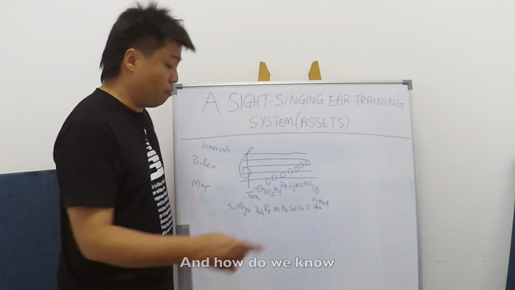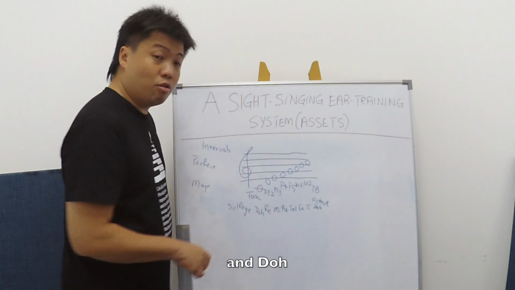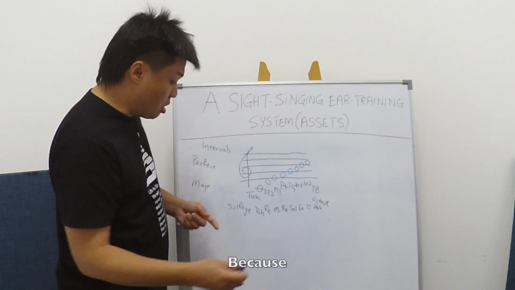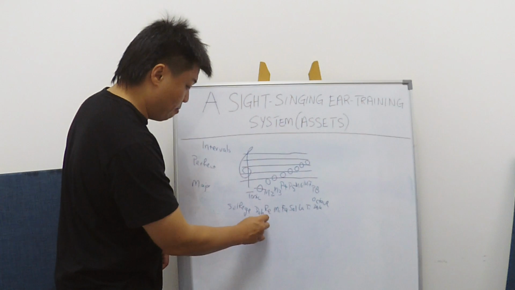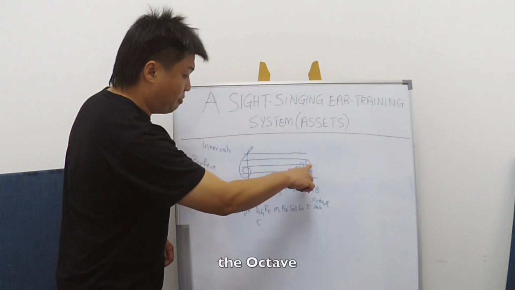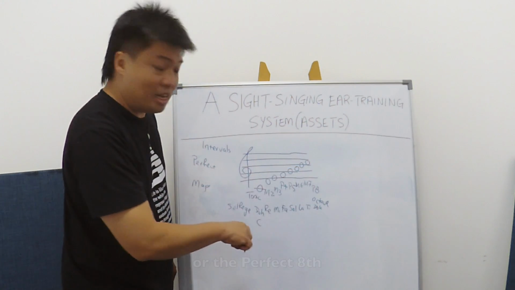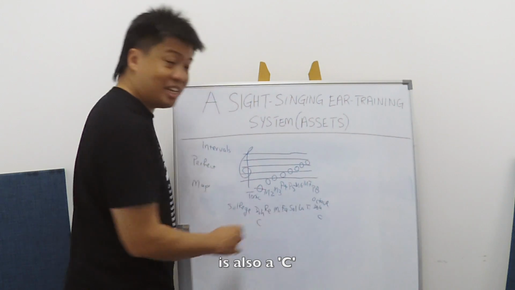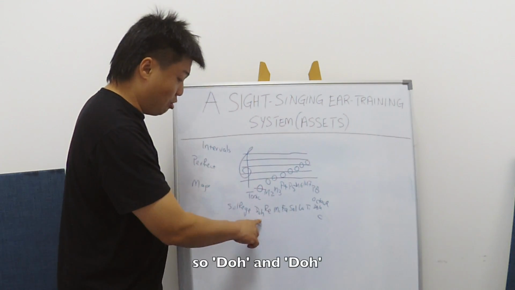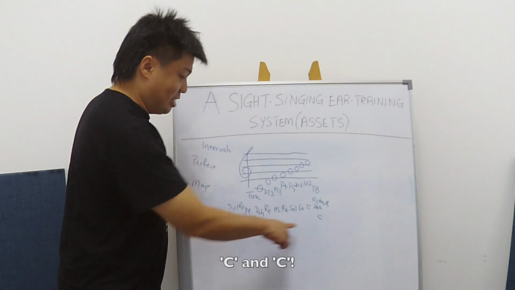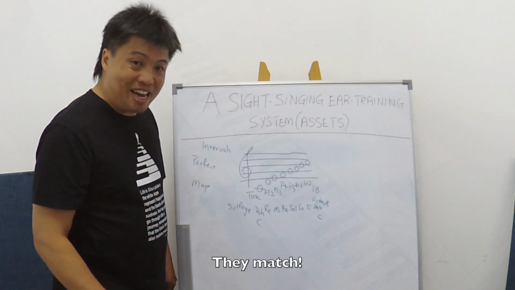And how do we know that Do and Do are aligned? Because if this is middle C, the octave or the perfect eighth is also a C. So Do and Do, C and C, they match.